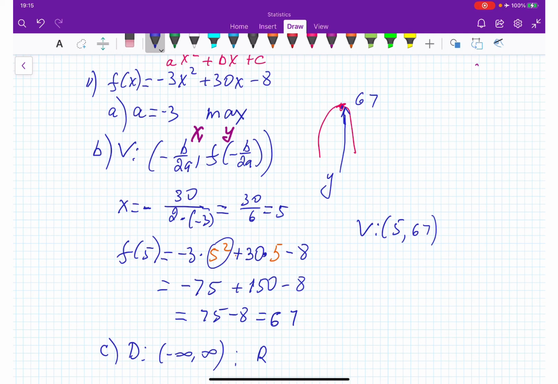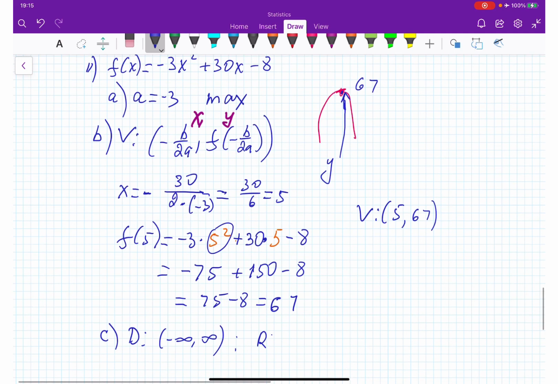It can't go higher. Why am I always looking this way? Because numbers are growing from negative to positive. That's why I always look this way and not from 67 to negative infinity.